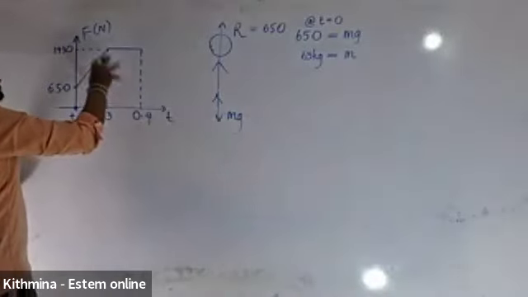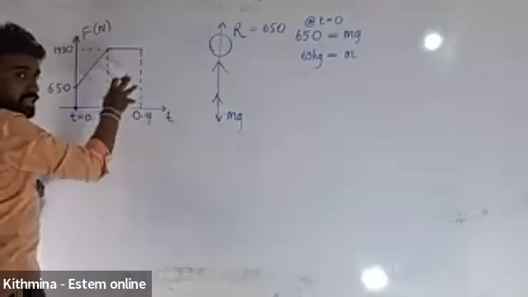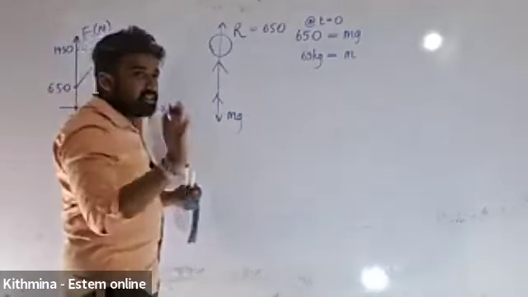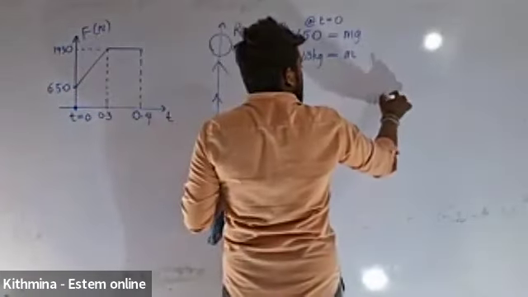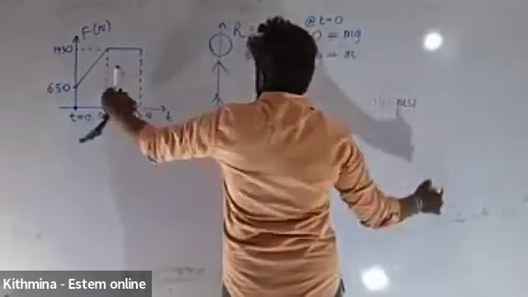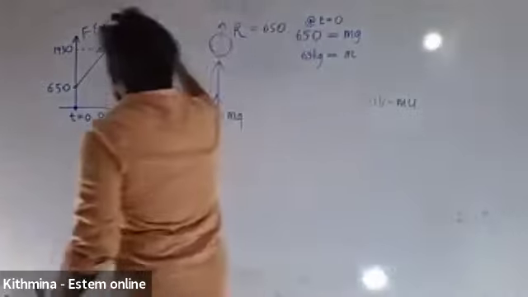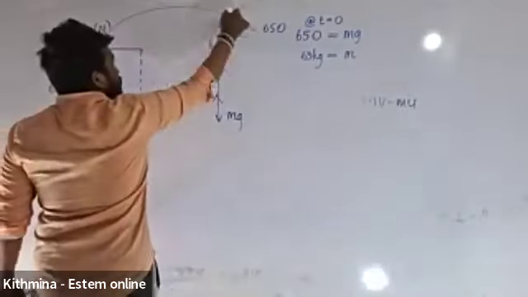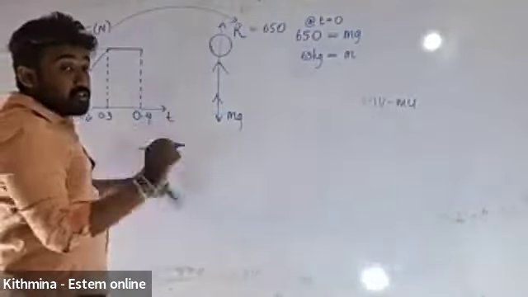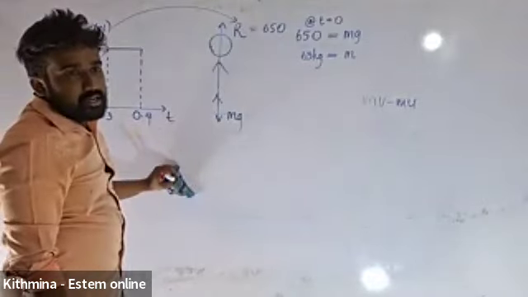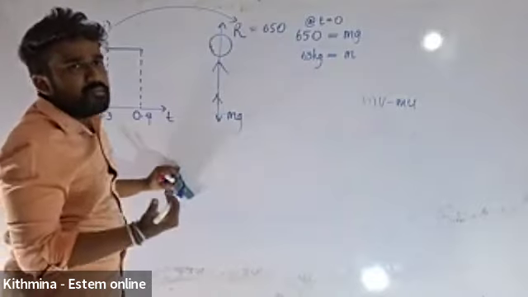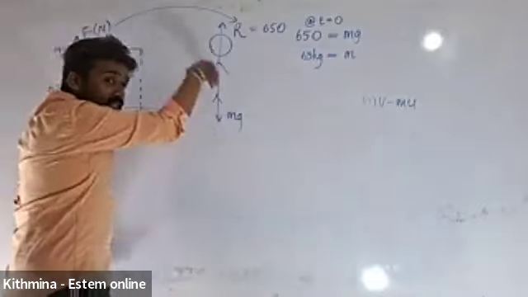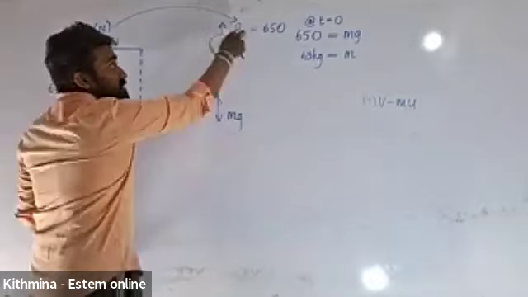But from this area, we can't get the momentum change, because this force is the perpendicular reaction. It is not the resultant force. The resultant force is always derived by deducing the mg from this value.